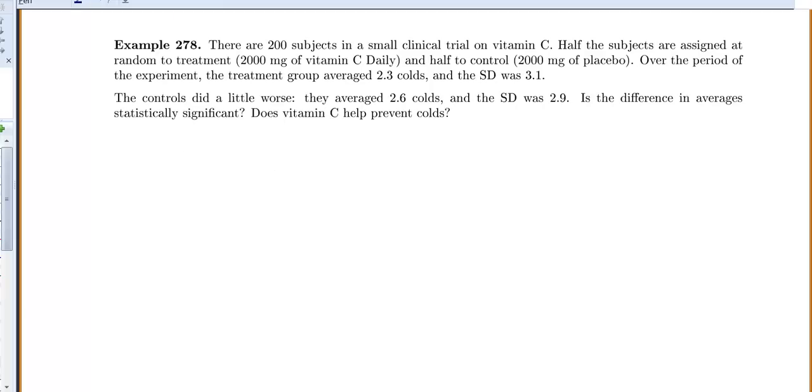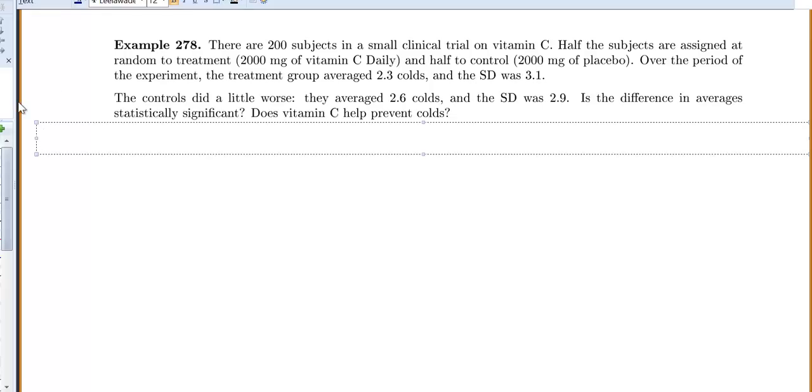Let's go ahead and write down our information. So, vitamin C, which I'm going to call VC, has, let's see, half of the subjects. There were 200 subjects total, half were treatment, half were control, so that means our sample size equals 100.